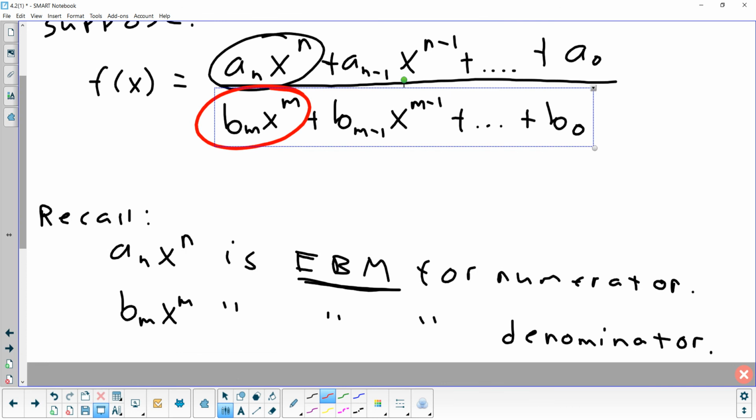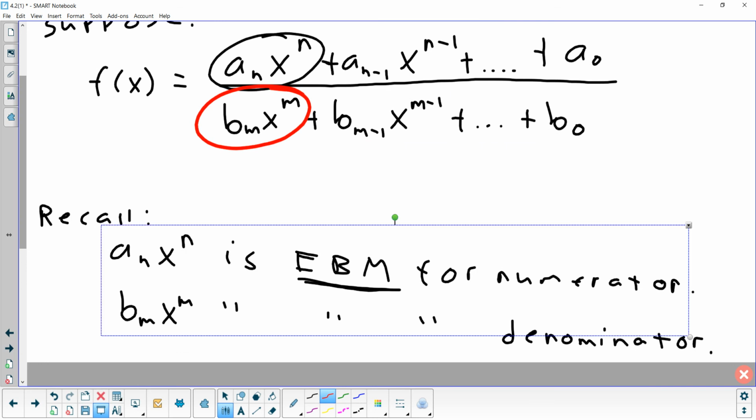So a sub n x to the n would be your EBM in the top. B sub m x to the m is your EBM in the bottom. And again, b sub m would be a number, like 5, and m would be an exponent, like 3. So 5x cubed.